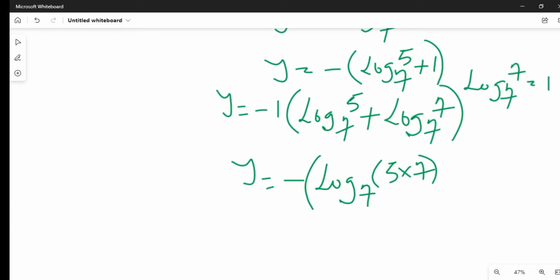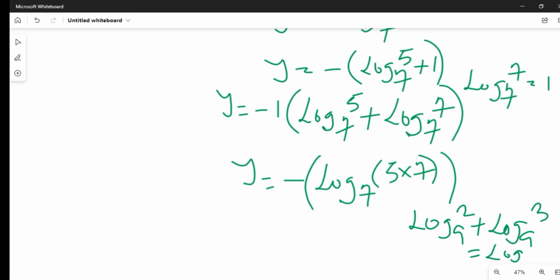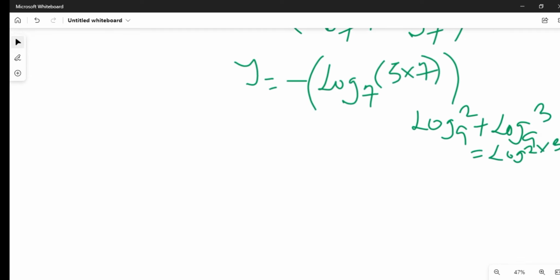Now remember the law of addition in logarithms: if I have log of a base 2 plus log of a same base 3, it gives log of 2 times 3. That's the addition law in logarithms, and that's the law we applied.